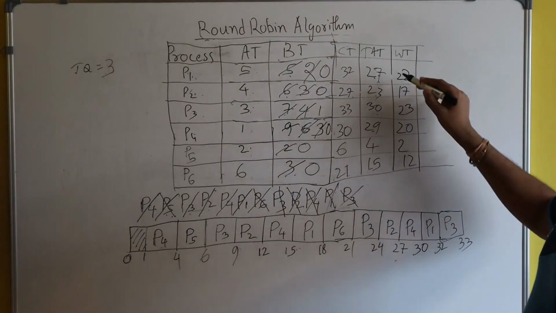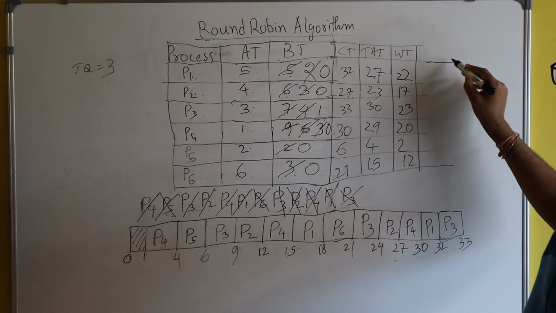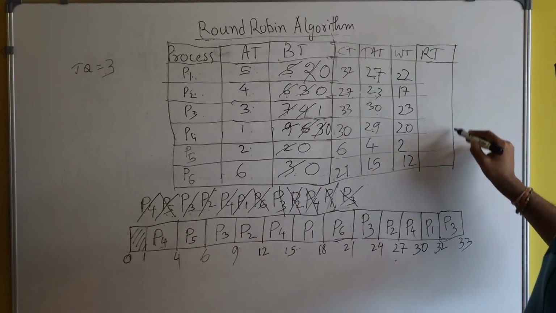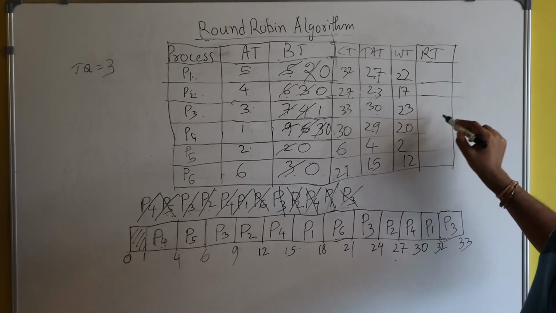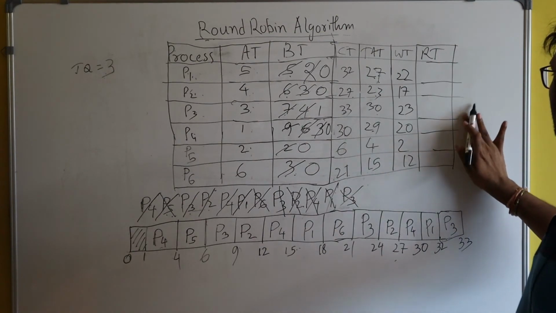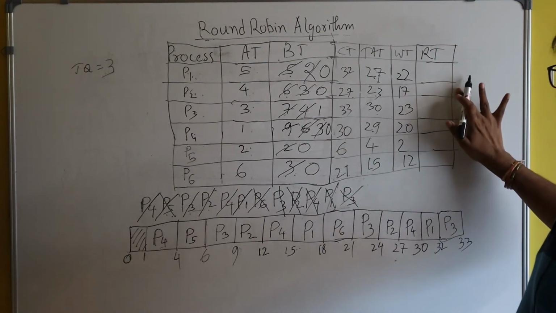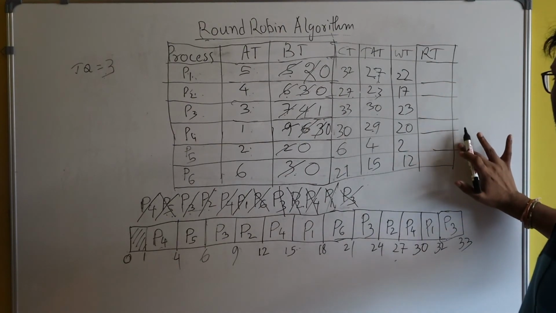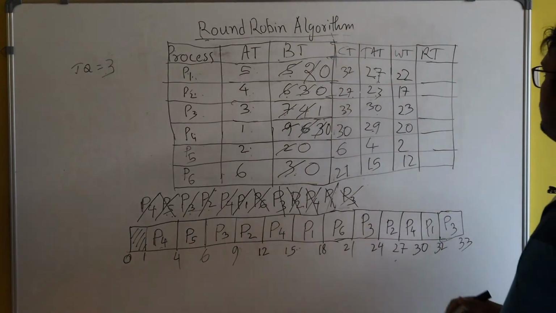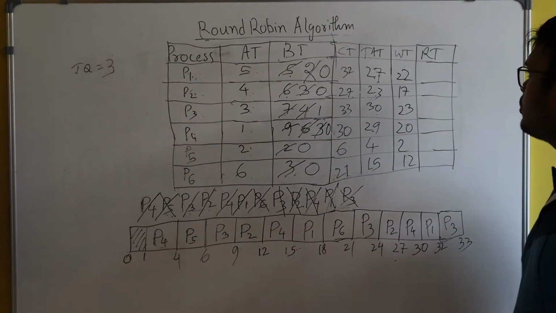So we have calculated the waiting time, and we can also calculate response time here. They have never asked response time till now. I have never seen any question, but okay, it's better to solve, because it's very easy to find the response time.